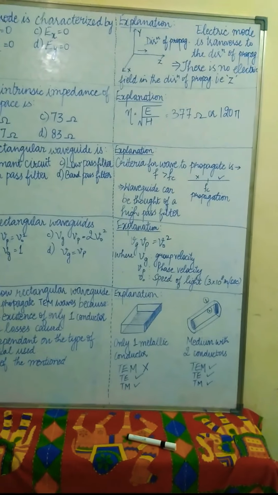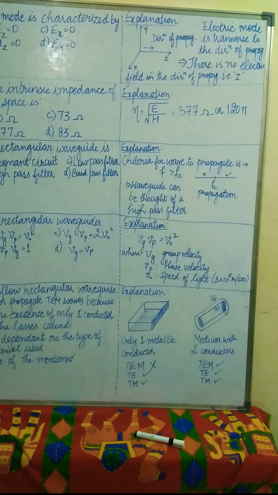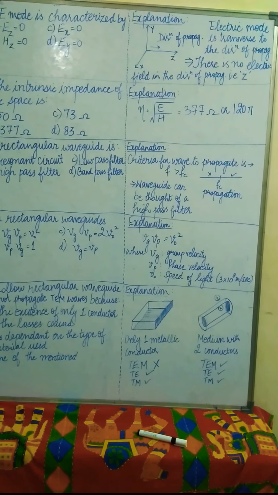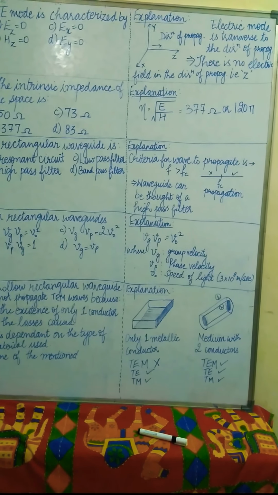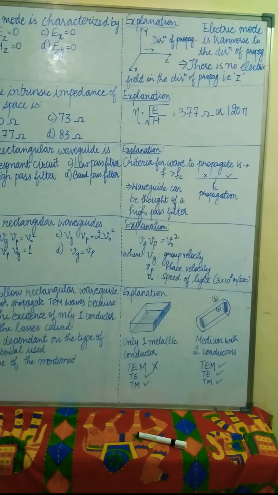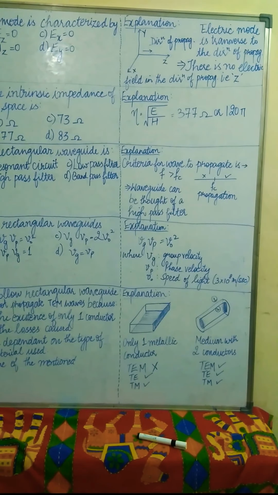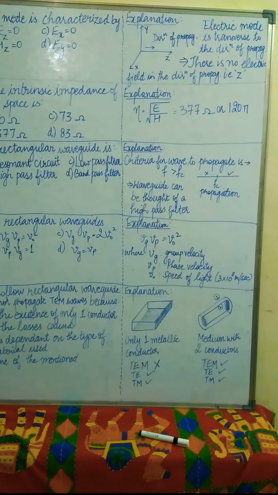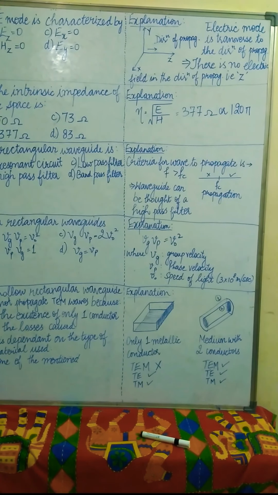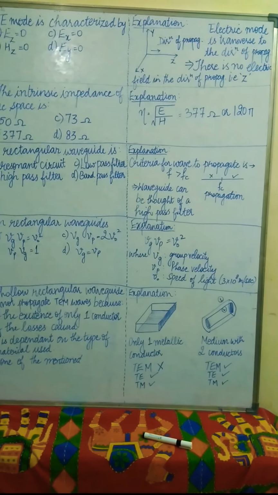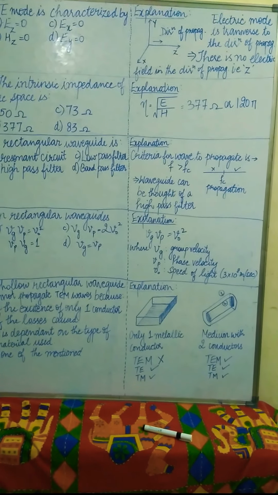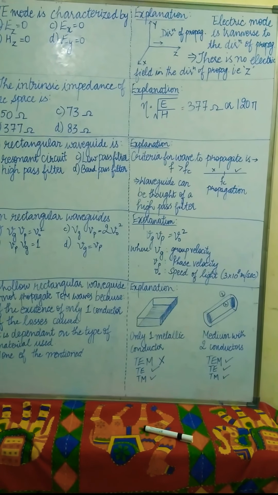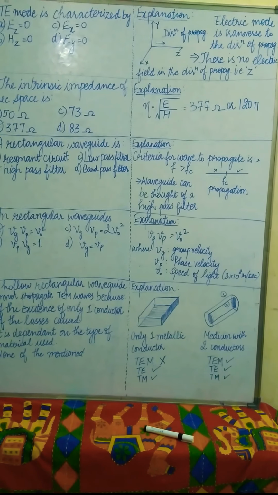You can see diagrammatically I have tried to explain two things: how things work in a single conductor, which is a waveguide, and how things work in a coaxial cable, which is a two conductor medium. In the first figure I have drawn only one metallic conductor. Because of one conductor, the only possible modes are transverse electric and transverse magnetic.